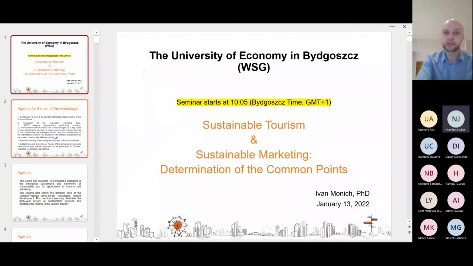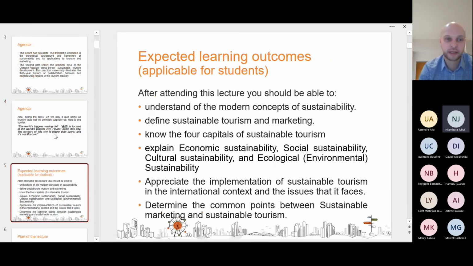So today we discussed sustainable tourism and sustainable marketing. We defined them and determined the common points between them. We traced the roots of sustainable development from the Brundtland report, the document titled Our Common Future, published in 1987, where the first definition of sustainable development was given.